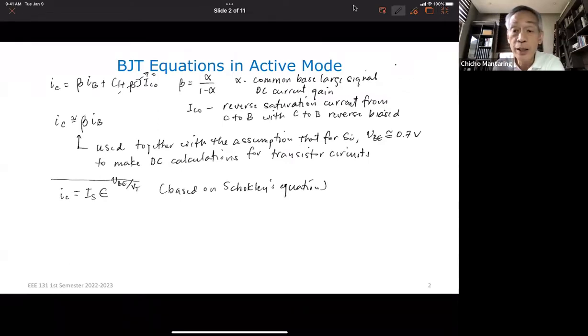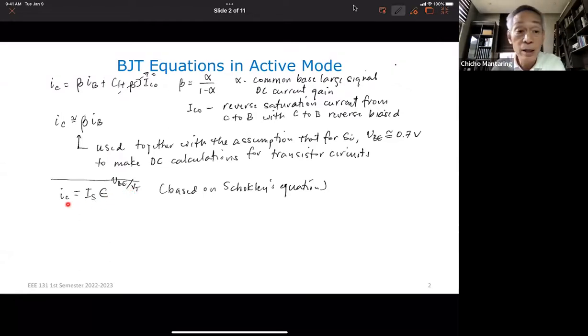The Shockley equation is applicable to a diode, to a p-n junction. So we know that the emitter current is proportional to e to the VBE over v sub t. That is Shockley's equation. So we assume here that the ideality factor is equal to 1 and that VBE is substantially large so that the minus 1 is negligible. So we have IE proportional to e to the VBE over v sub t.